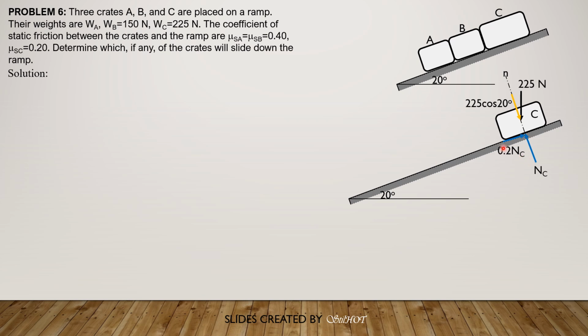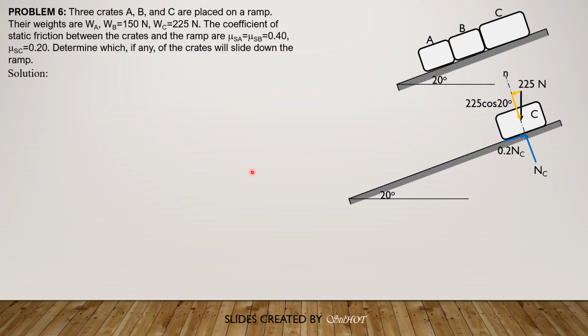Because this is the maximum frictional resistance under block C, if this 0.2 of NC minus 225 sine of 20 is positive, then block C will remain at rest because the maximum frictional resistance is greater than this component of the weight along the tangential axis. If positive, the body will be at rest.